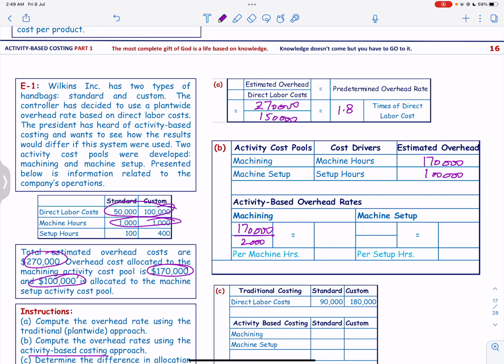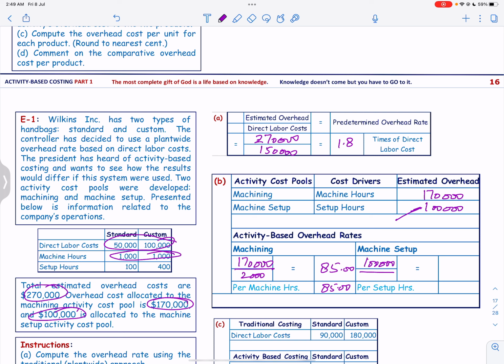So this is equal to 85 per machine hour. For machine setup, we have 100,000 divided by the setup hours, that is 500. So this is equal to 200 per setup hour.